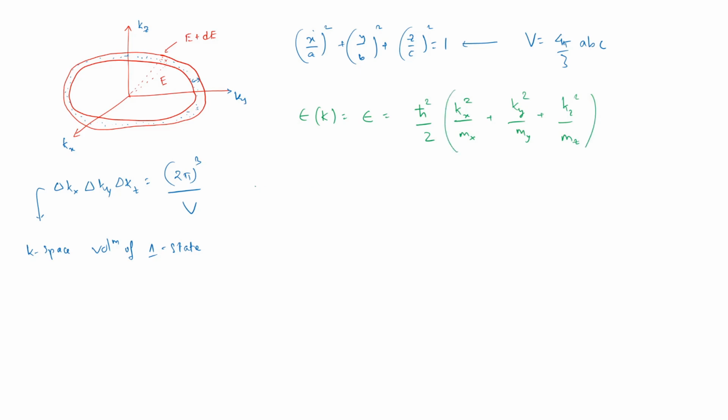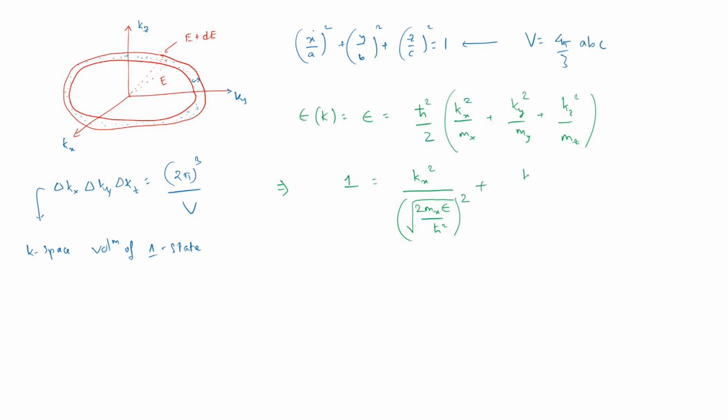Okay, so we want to write it in this particular form. So we divide everything by energy. So it will be kx square by 2mx energy by h bar square, and we want to write it in that form. So what we will do is take the whole square.